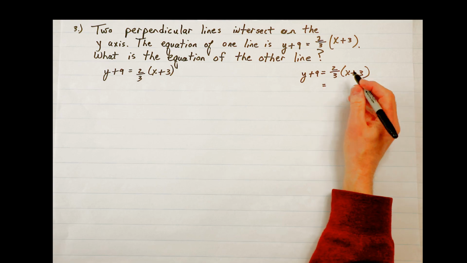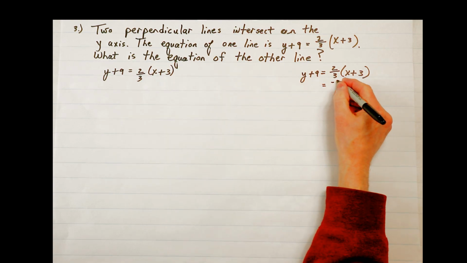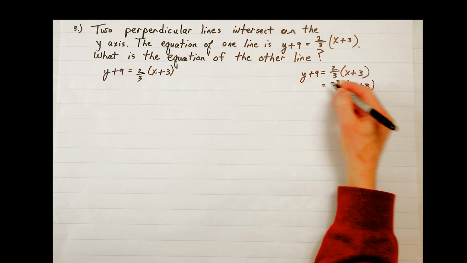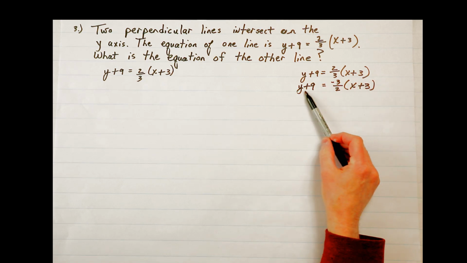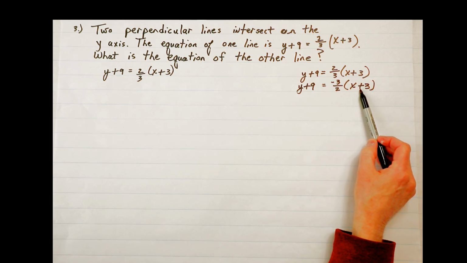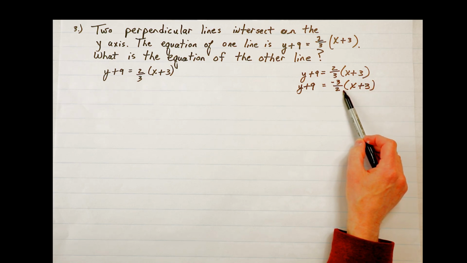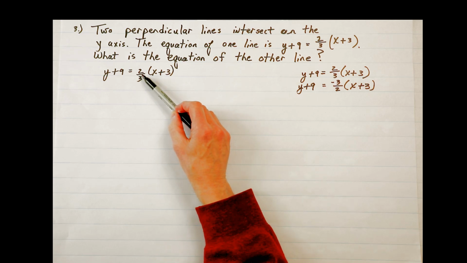Now we can make a perpendicular to this one over here by changing the slope. This is not the answer to the question. This is one line that is perpendicular to the line.